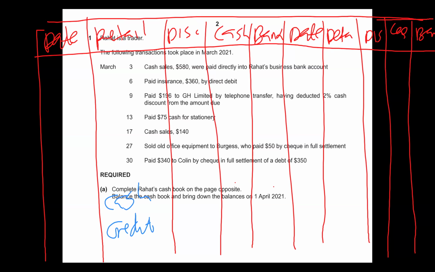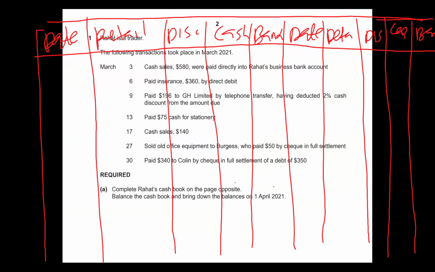When it comes to credit sales, do we put them in the cash book? No, sir. Here we are dealing with cash and the bank. Simple. If the transaction is for credit, then there is no cash, there is no bank involved. So such a transaction does not go into the cash book.